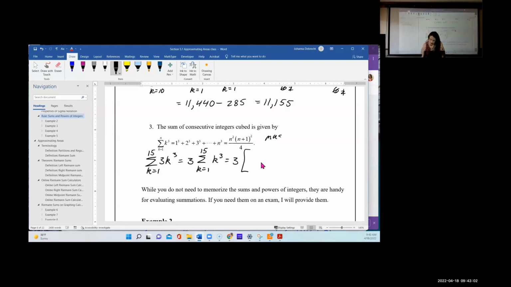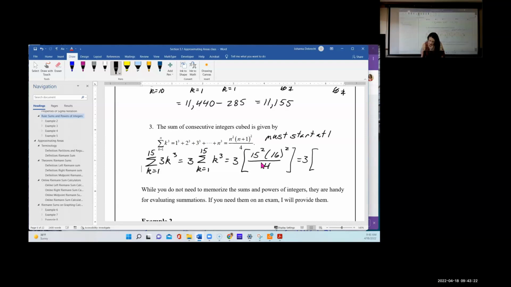This one again must start at 1. And so we have 15 squared times 15 plus 1 squared, so that's 16 squared over 4.